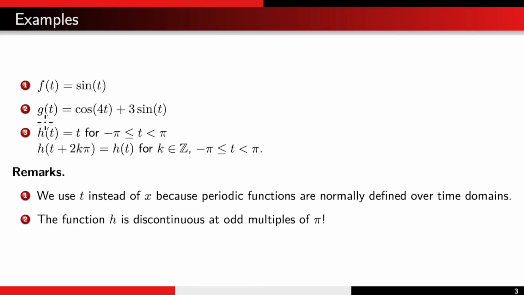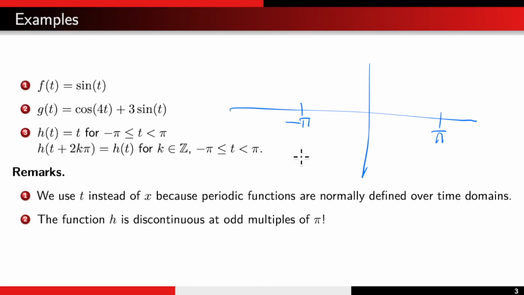The third example is h of t, defined to be t when t is at least negative pi and less than pi, and everywhere else is given by this here. So at every point there is an integer multiple of 2 pi away from t, h is valued the same as h of t. So if we plot this, let's take negative pi here, 0 here, and pi here.